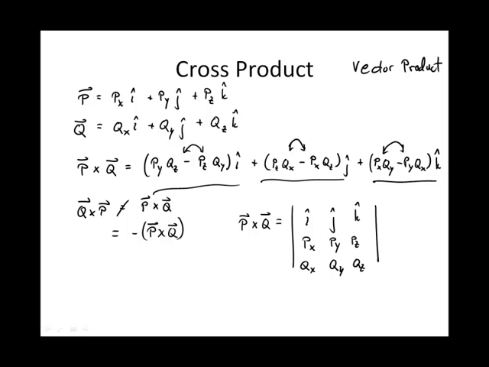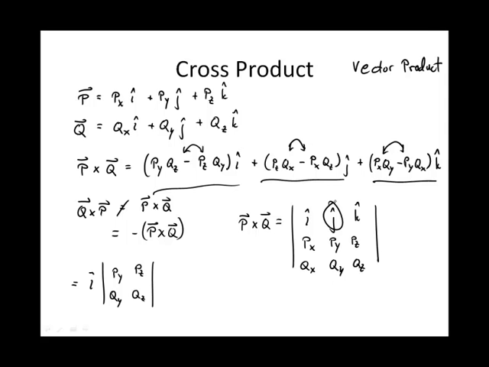And the way you evaluate a determinant is you start off by taking, we're just going to use the upper left-hand corner. I'm going to start here, so there's i hat. And then I take away the row and the column that i hat is in. And I'm left with p sub y, p sub z, q sub y, q sub z. So there's the i hat part.